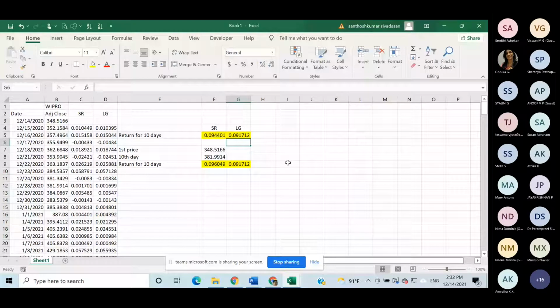And when you compute the log return from the first day price and the 10th day price, the natural log of the 10th day price divided by the first day price gives you the return 0.091. These are the same. But in the case of simple return, the 10 days total is coming 0.094, and this is coming as 0.096.